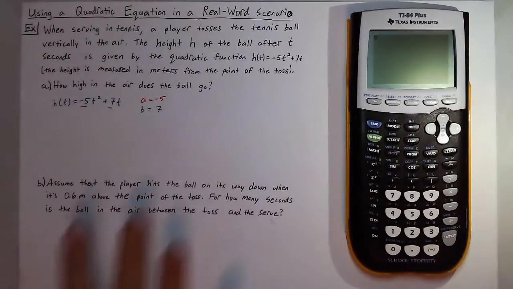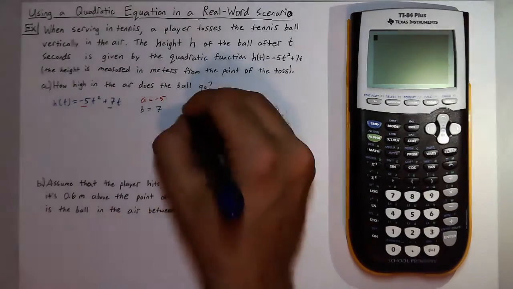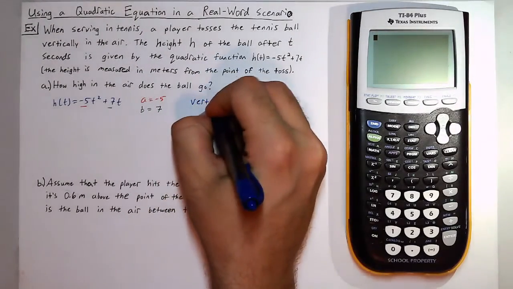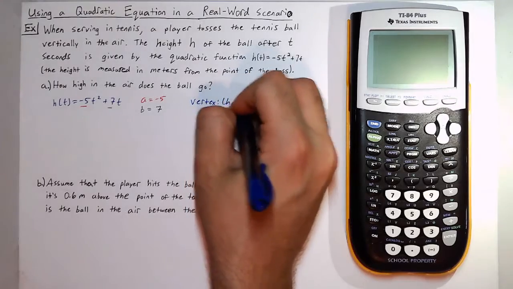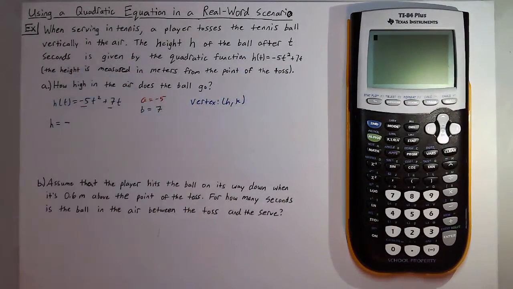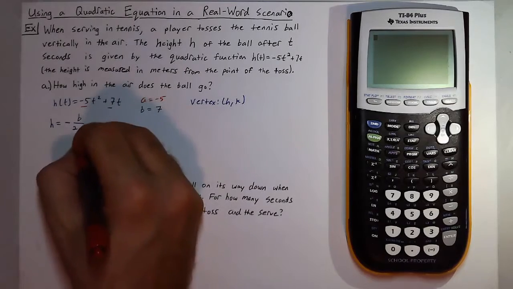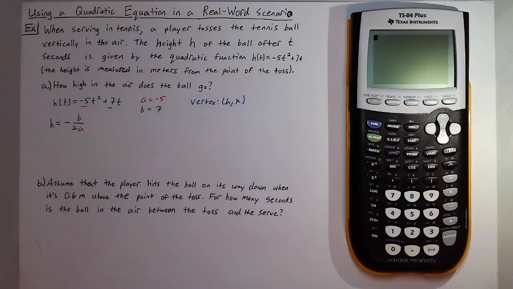But since I don't need c for this, usually to find a vertex, I need to find out what h and k are from standard form. And h is the formula x equals negative b over 2a. So I'll just plug into that formula.